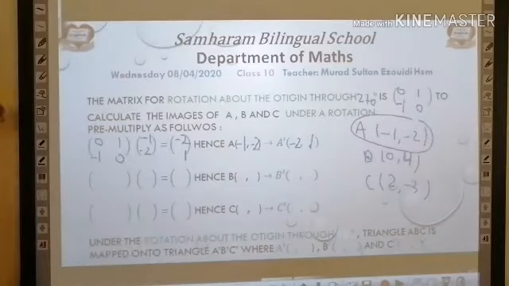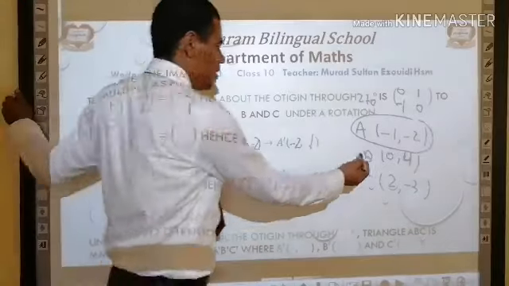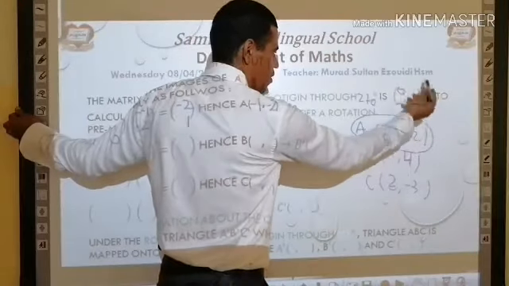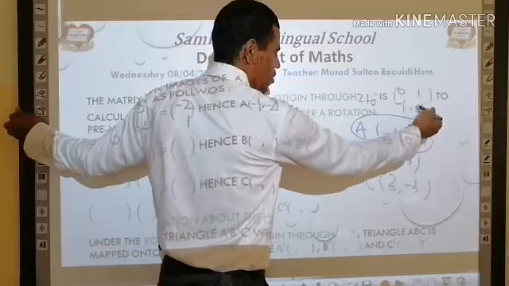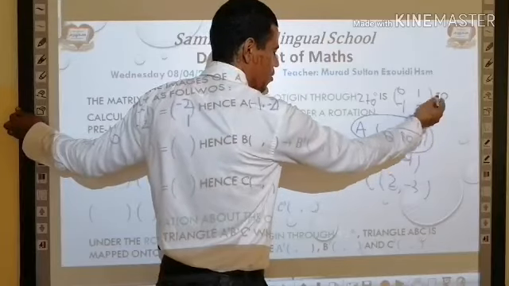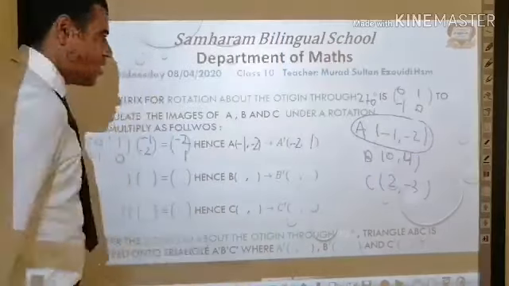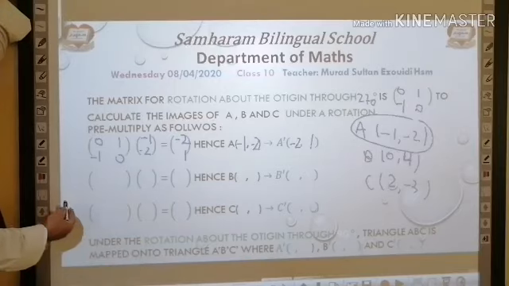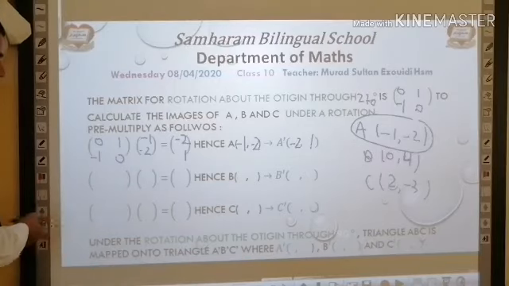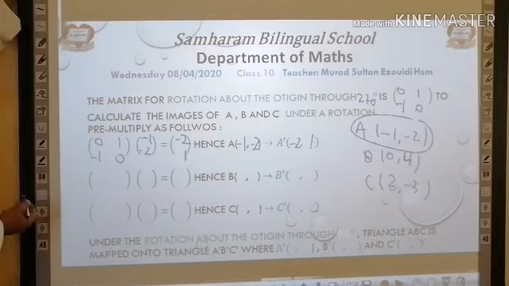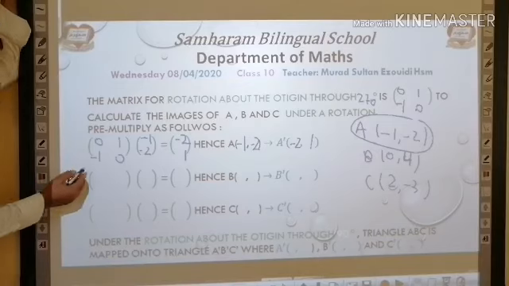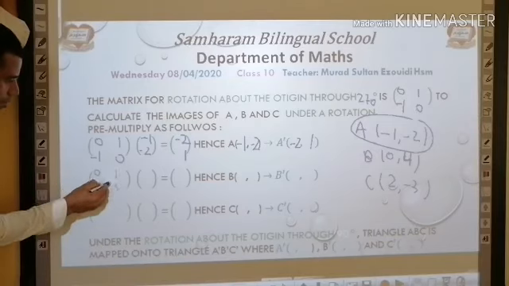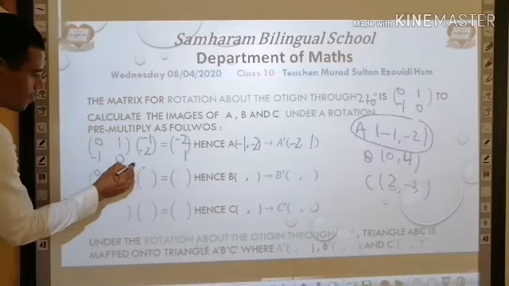Then, the next point, to find the coordinates of the point B, just write this as a column vector and multiply by the matrix for rotation about the origin, anti-clockwise 270 degrees, and you will find B prime, the image of the point B. So I'll write 0, minus 1, 1, 0 multiplied by 0, 4.